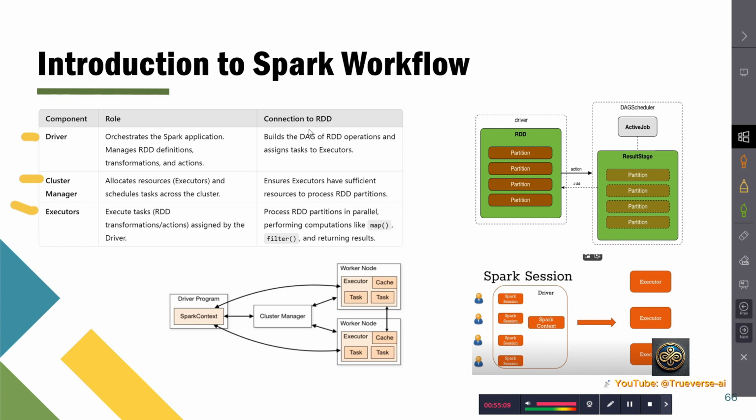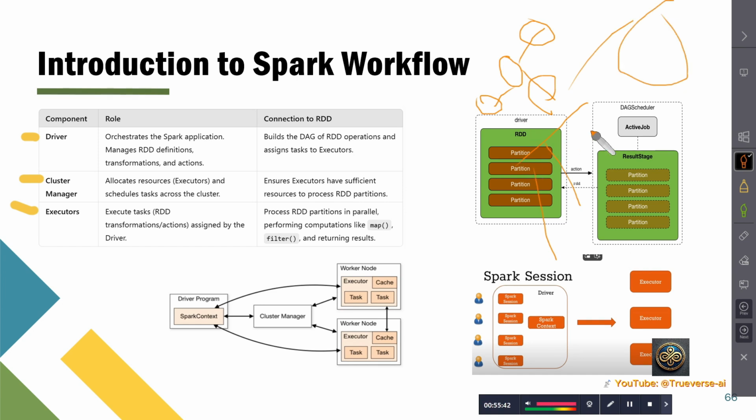The driver builds a DAG, a graph of the RDD operations, and assigns tasks to the executor. So inside the driver you draw the graph, which we call the DAG: how much data I have and how many operations. Then it is sent to the cluster. This is only one cluster, maybe another cluster here.